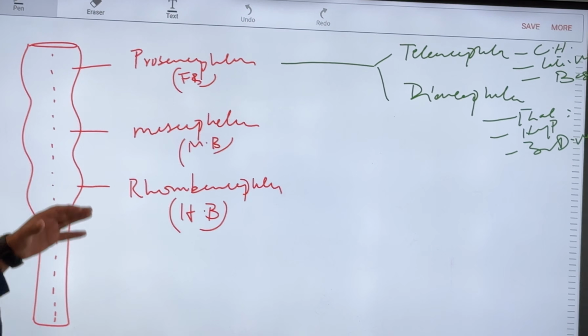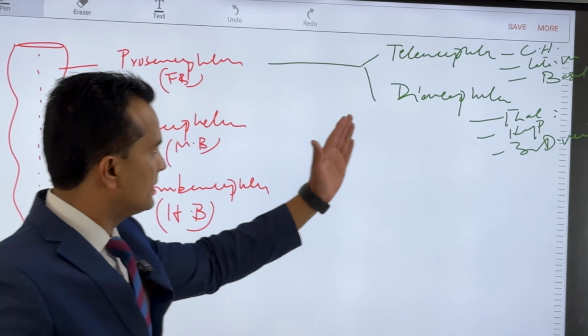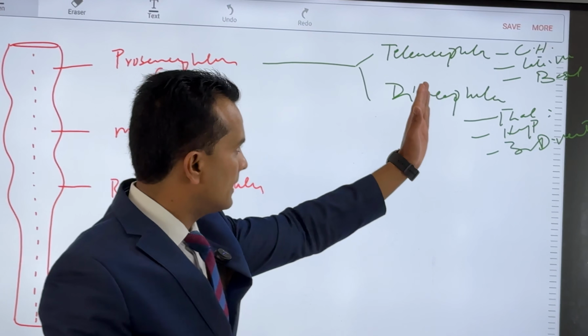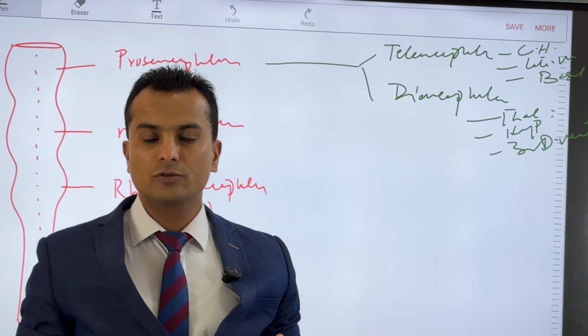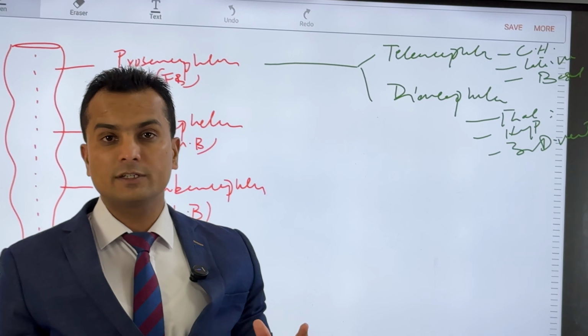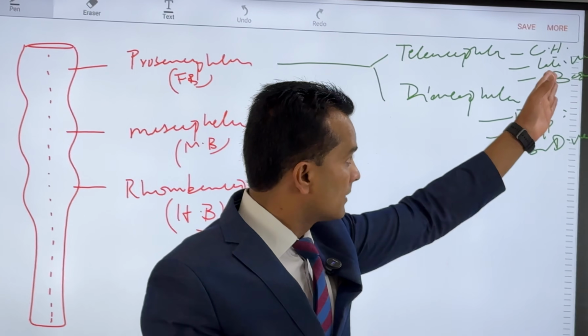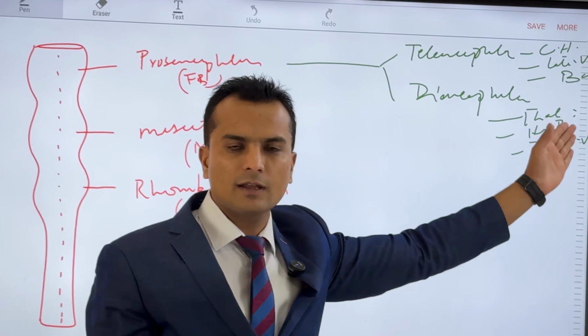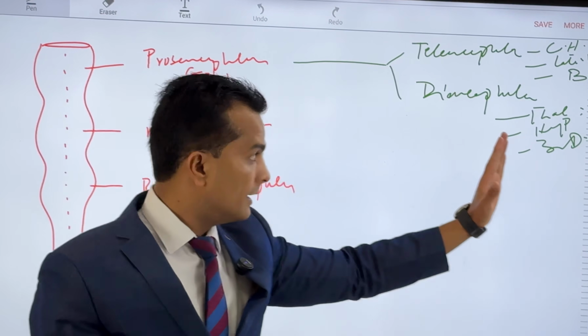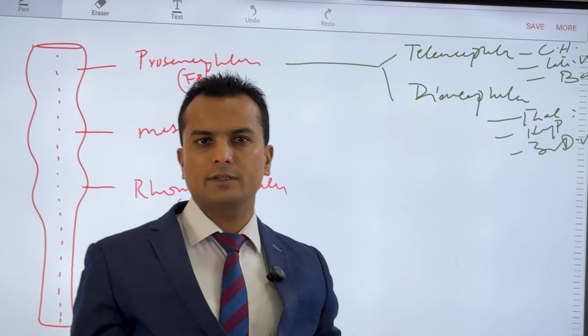So prosencephalon is further subdivided into telencephalon and diencephalon. In the diencephalon we have thalamic, subthalamic nuclei, and then the third ventricle.